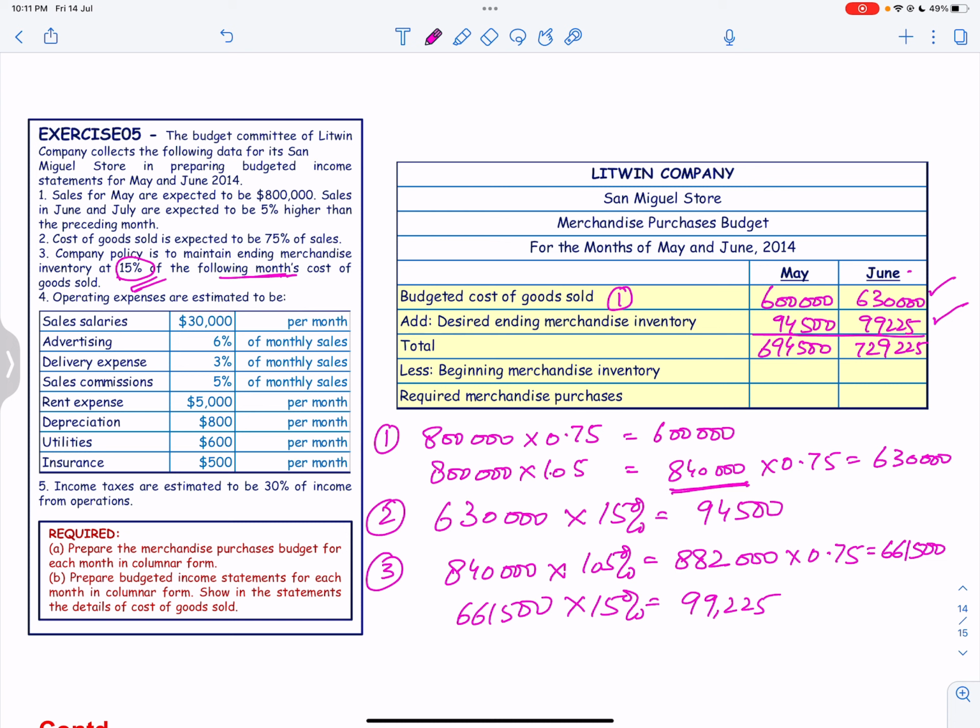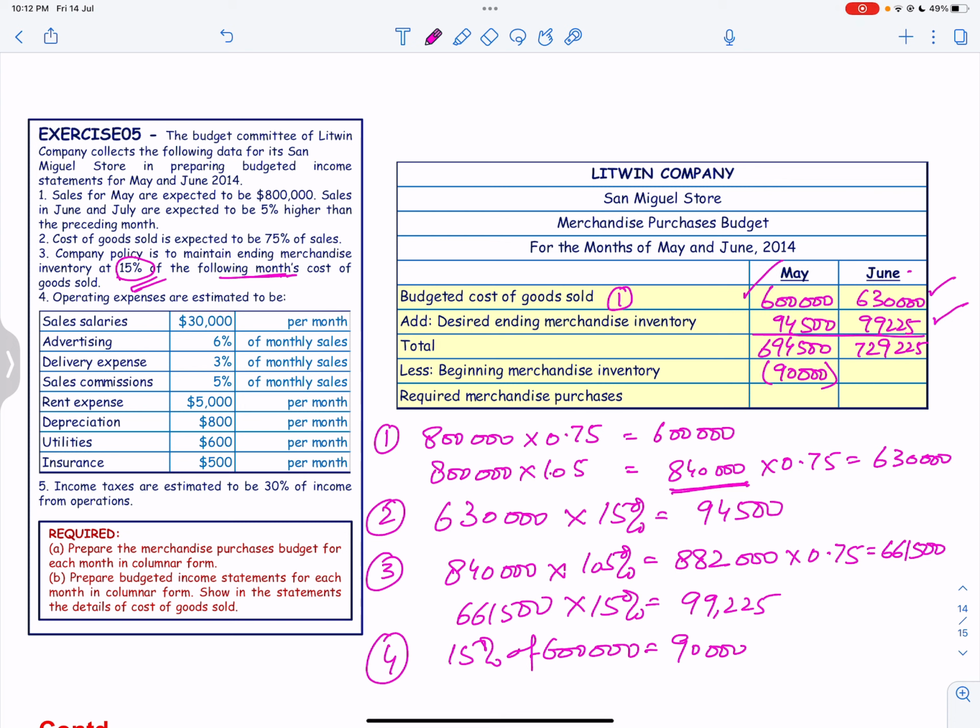From this, we are going to subtract the beginning merchandise inventory, and the beginning merchandise inventory, if you can remember, the beginning will be 15% of 600,000 for month 4. 15% of 600,000 will be equal to 90,000, and this will be subtracted.